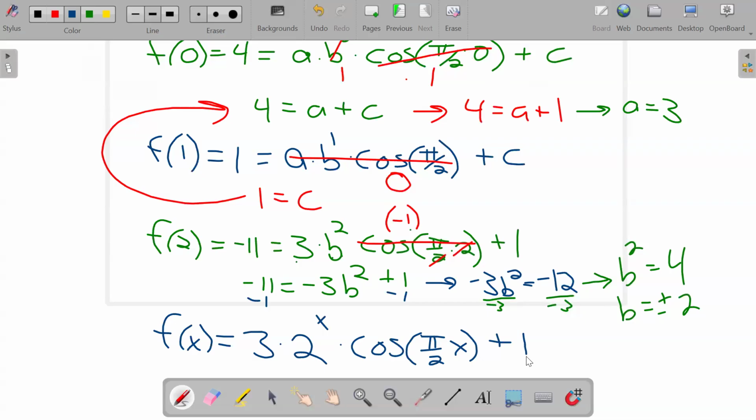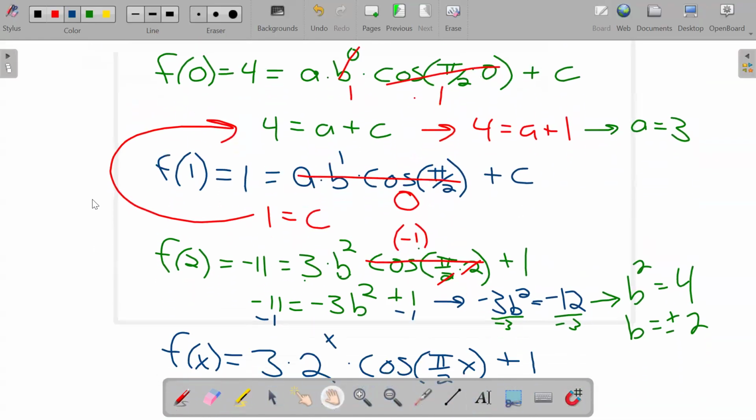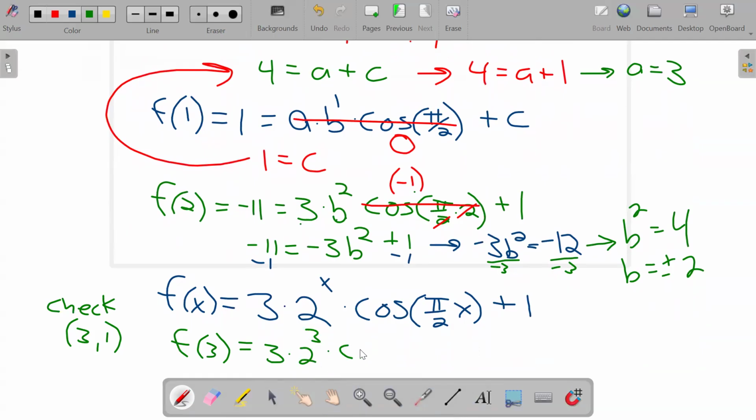The last point is 3, 1, excuse me. We want to check on point 3, 1. So f of 3 would be 3 times 2 to the 3rd times the cosine of pi over 2 times 3, then plus 1.